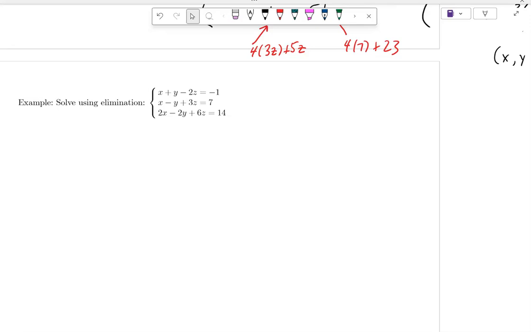What do I need to add to this x to make it go away? -x, right? So what do I need to multiply the first equation by to get rid of that? -1. Very good, okay? So we'll do negative 1 times equation 1 plus equation 2, replace equation 2.